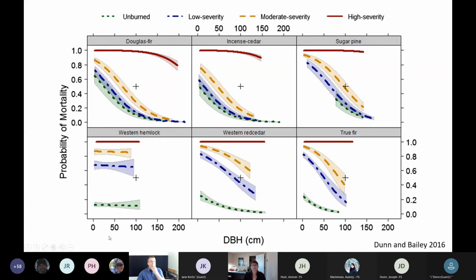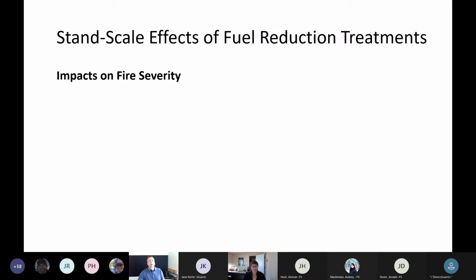But there are a few species like western hemlock and red alder where we don't really see significant increases in bark thickness as they get larger. So even larger diameter trees of those species don't tend to have much resistance to fire. Right, so we see these differential impacts of fire across species that we can think about when we're considering developing marking guides for things like thinning.